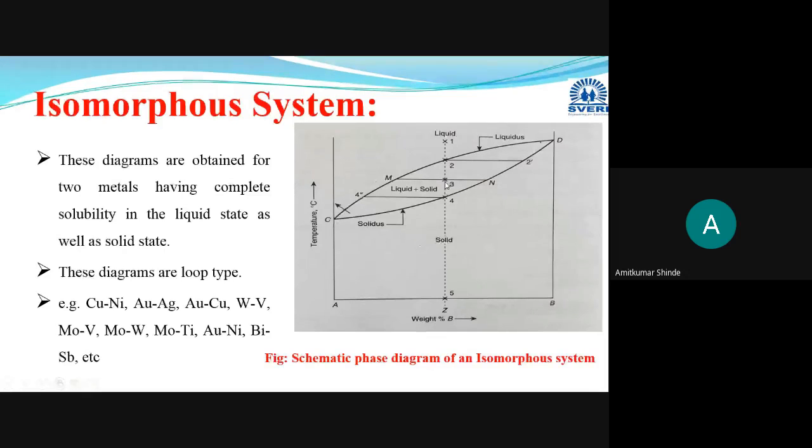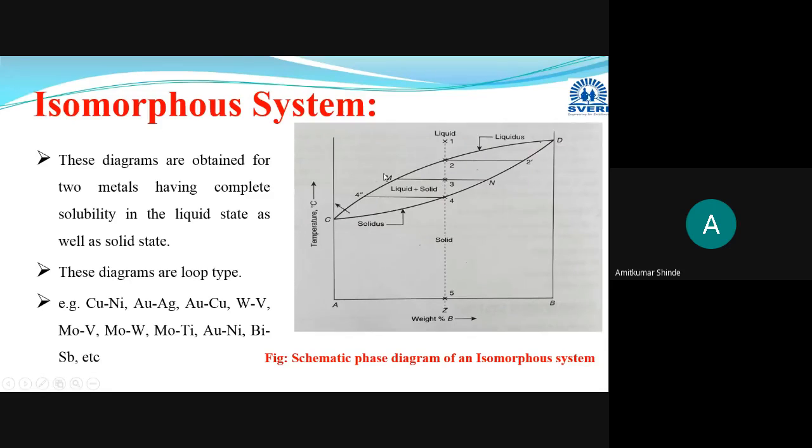Now I want to calculate, at this particular temperature and composition, the amount of liquid and amount of solid. To calculate the amount of liquid, from the liquidus line side, take the opposite length of this m3n line.